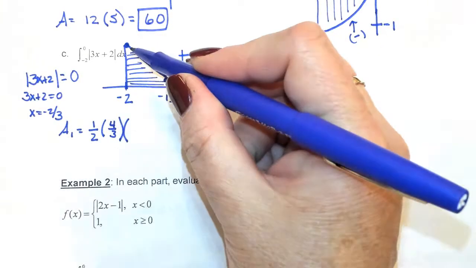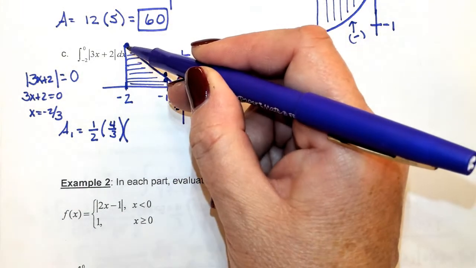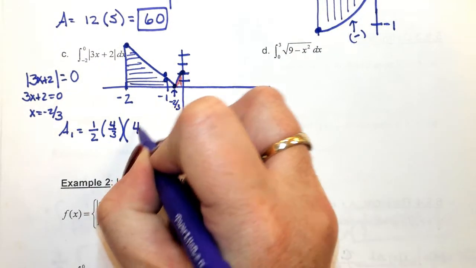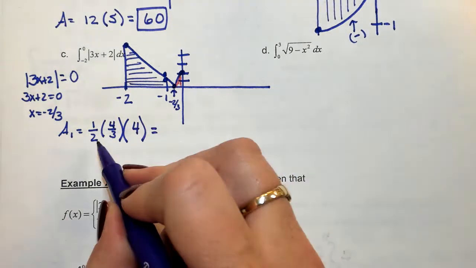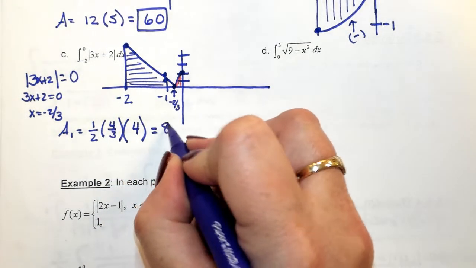Times, what's the height of this triangle? Well, when x was -2, remember, I found the height to be at what? 4. So it's going to be a height of 4. So when I calculate this, I end up with, let's see, 8/3.